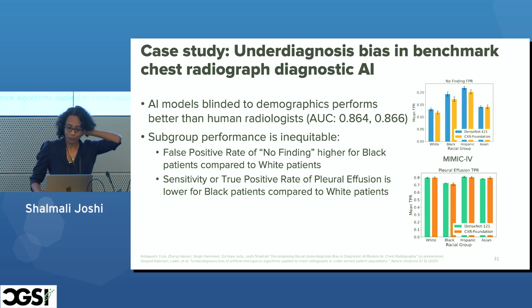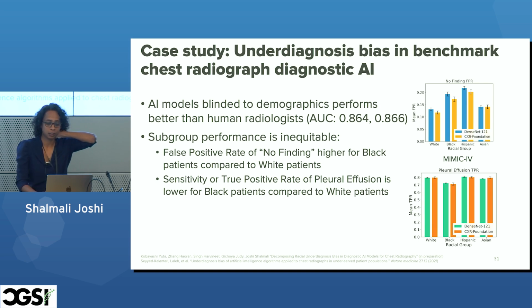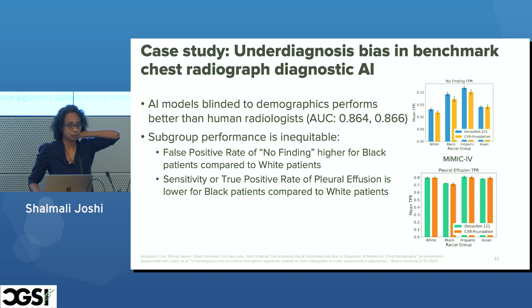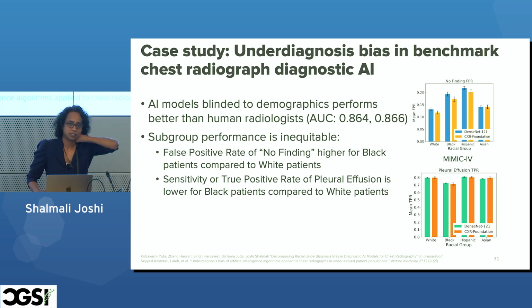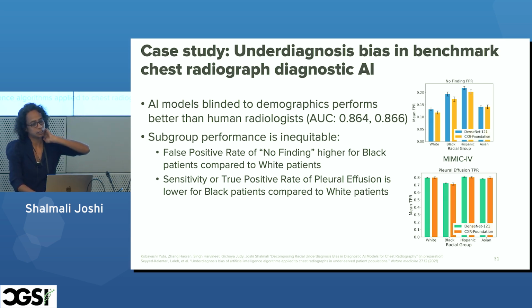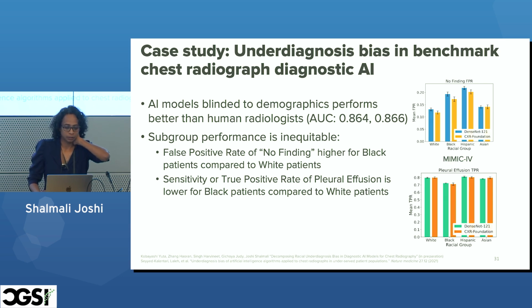So now we're going to figure out what happens. And here you're seeing the numbers from two different models. One is a DenseNet model that's trained on the data that we're testing. This is MIMIC data, which is a very canonical data set from the BIDMC hospital that you would potentially use for such a task.